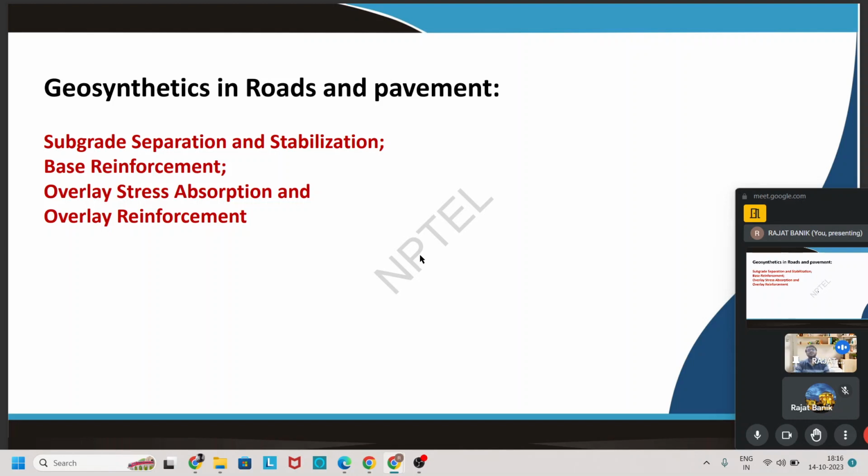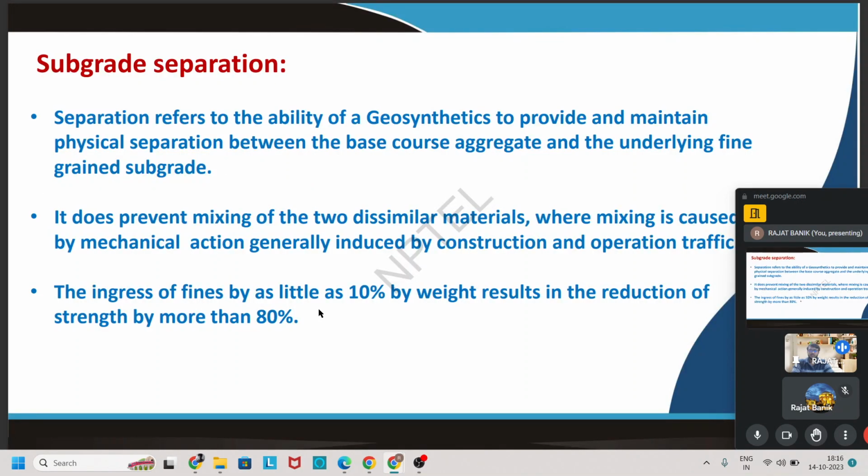In most cases, geosynthetic materials are used in pavements or roads because they are very cheap, road construction needs very little time, and there may also be a need to improve the subgrade material. So we use geosynthetic materials to improve the subgrade characteristics and properties.